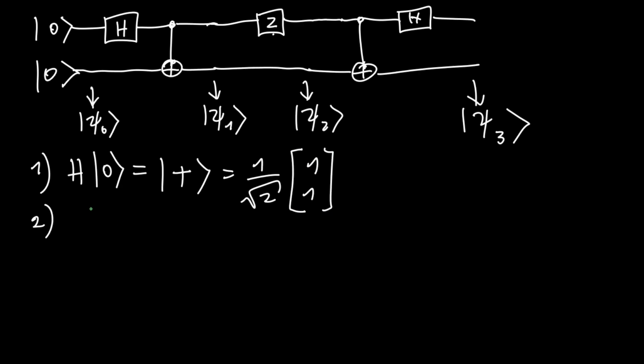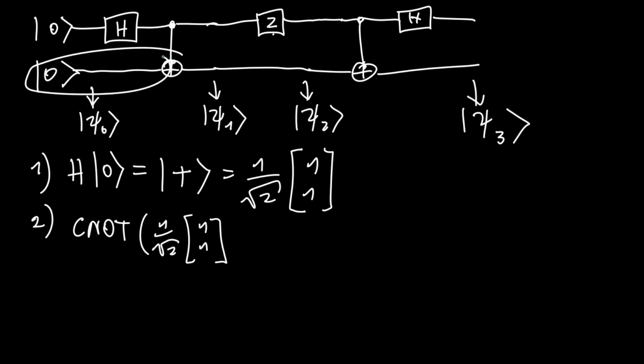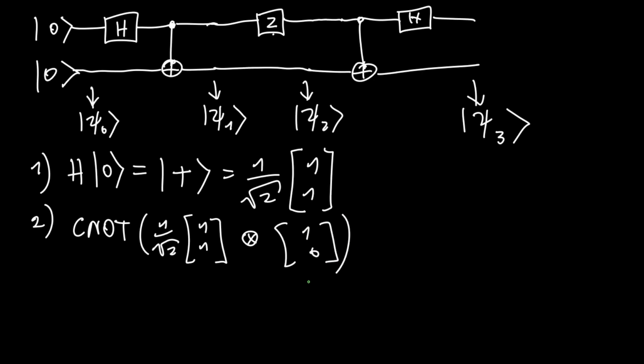When we apply CNOT to this thing, but we're gonna apply CNOT for our state, so it's 1. And then also this thing, so we're gonna have a tensor product with 1, 0. We're gonna tensor it and see what do we have.